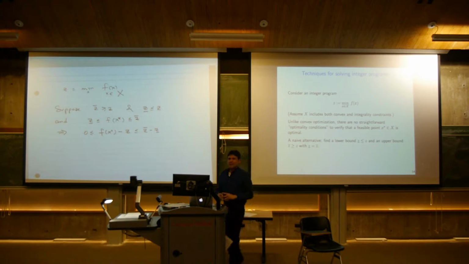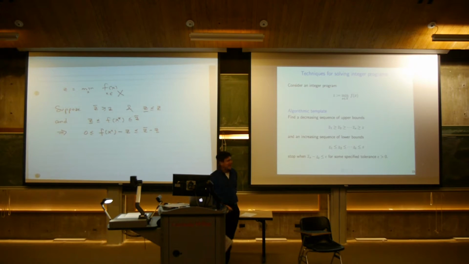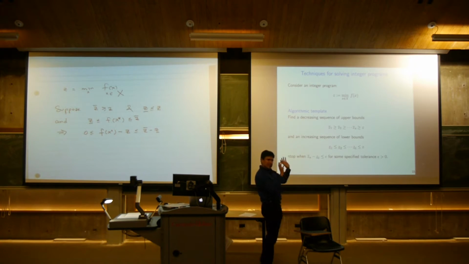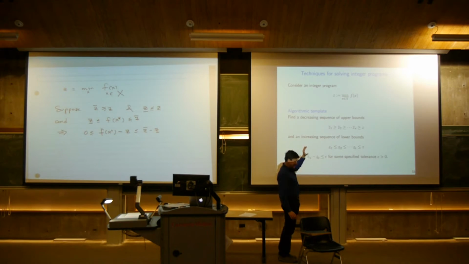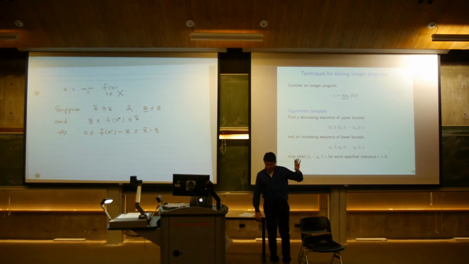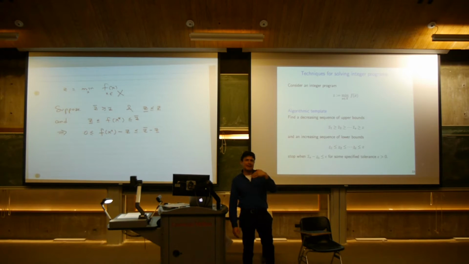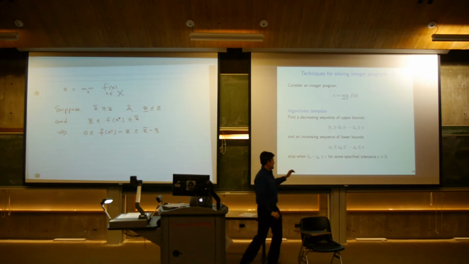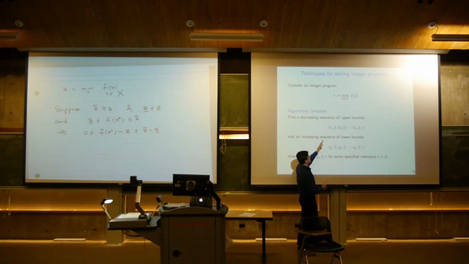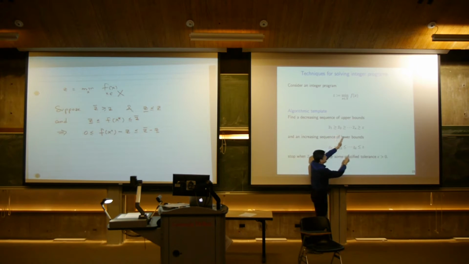So, all right. I guess that's what I have here. A template. A template essentially is going to go as follows. This template is very much the way that many solvers successfully solve very, very difficult integer programming models: you iteratively generate upper bounds and lower bounds in such a way that as you generate them, you learn something about your problem and you sharpen them.